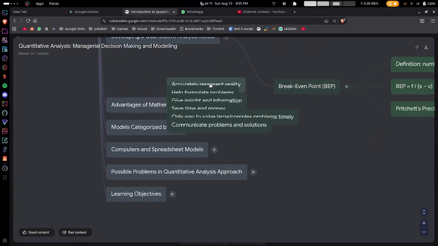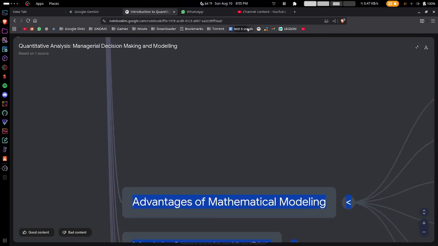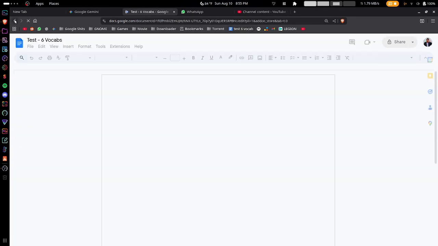Now, advantages of mathematical modeling.